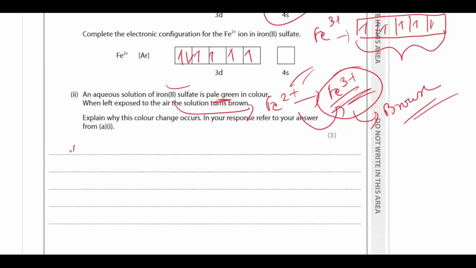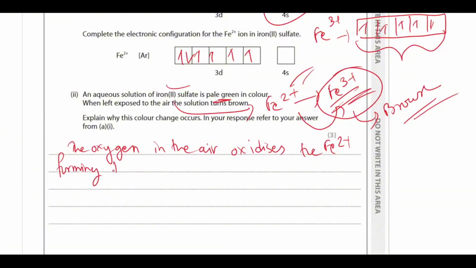So we can say that the oxygen in the air oxidizes the Fe2+, forming the brown Fe3+.